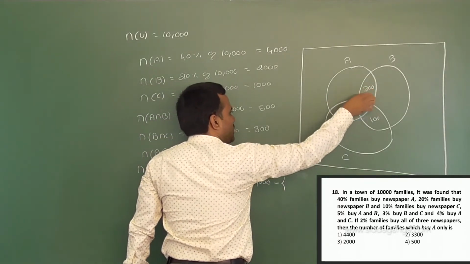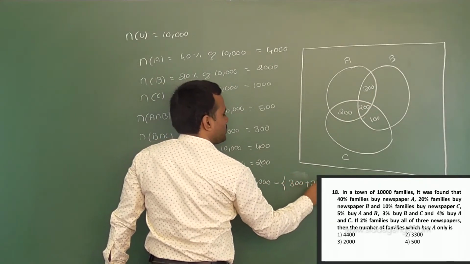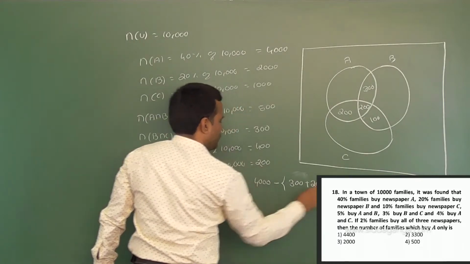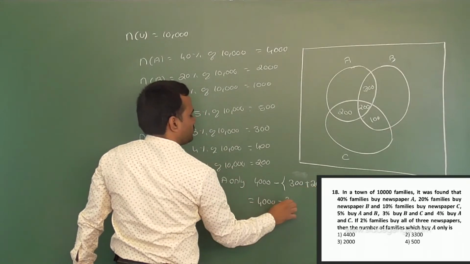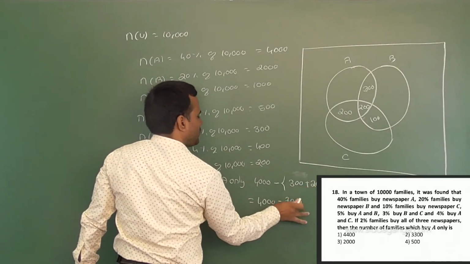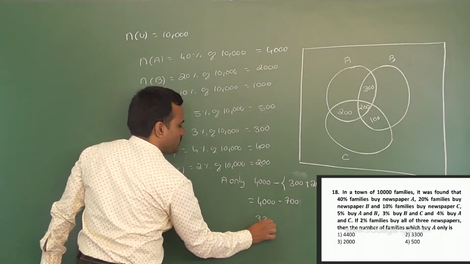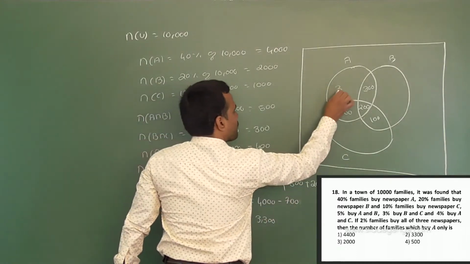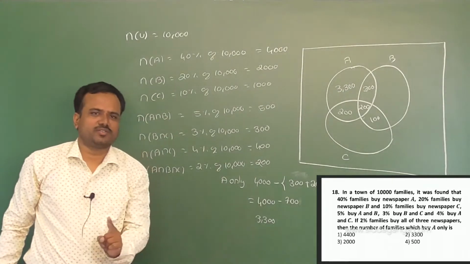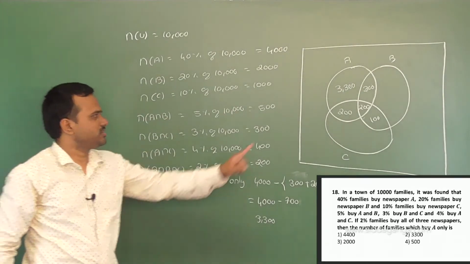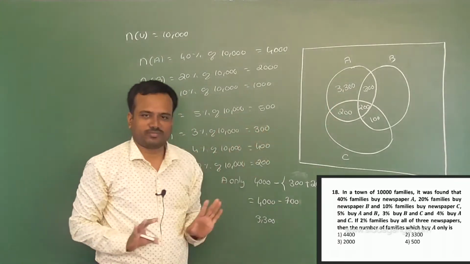Firstly, we add 300, 200, 200. 4,000 minus 700. 4,000 minus 700 means what? 3,300. The number of people who read only newspaper A is 3,300. For this question, over. Correct na?